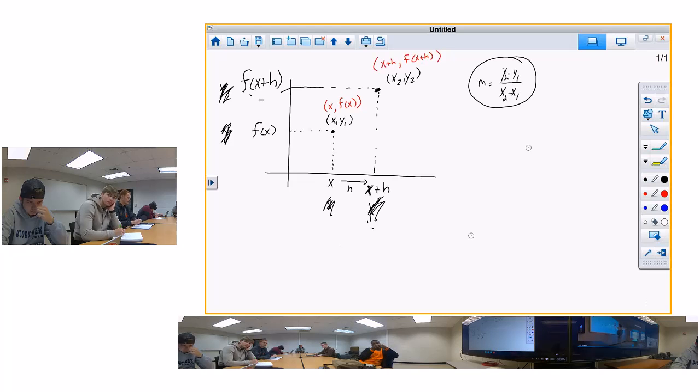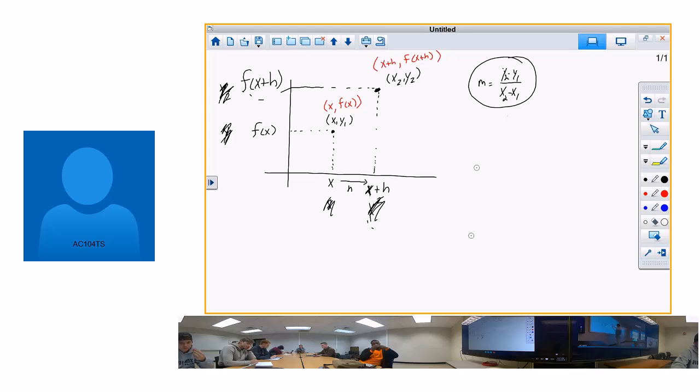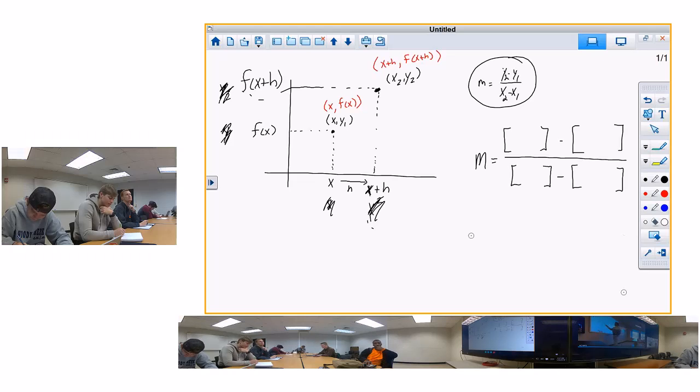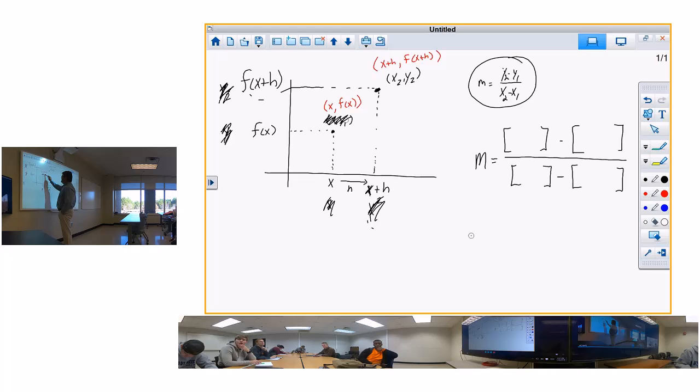Well, let's follow the thing we learned back in pre-algebra. M is equal to y sub 2 minus y sub 1 over x sub 2 minus what? Now, forget your old way of writing it because we're not rednecks anymore. So somebody tell me what to plug in right here.